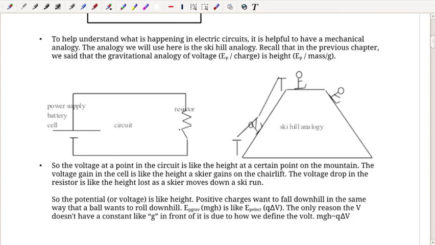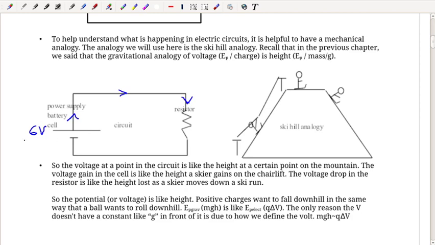So if we're looking at our circuit, we have a power supply that gives us voltage. Say we have a 6-volt battery or a 6-volt cell. So all our electrons, or the current that leaves this circuit, goes through the resistor.